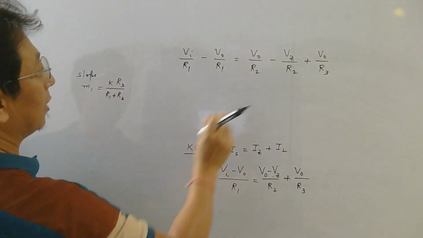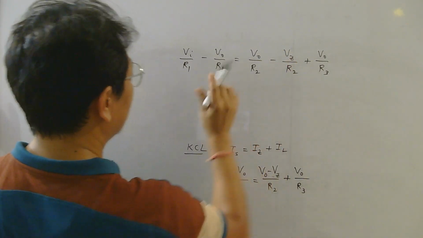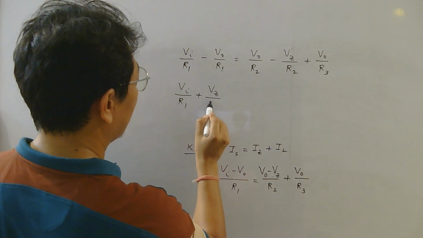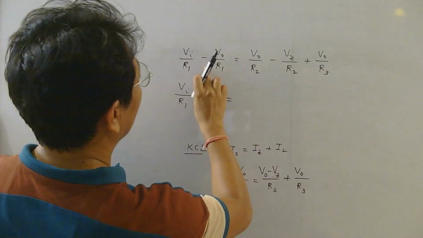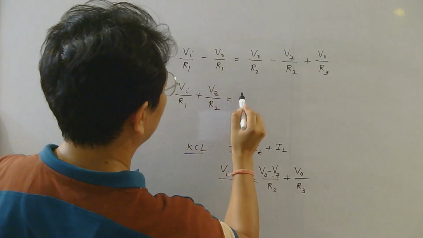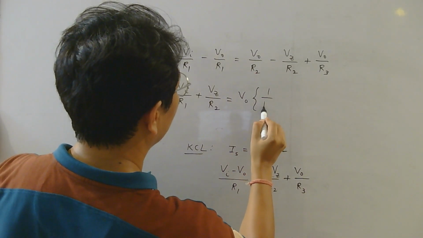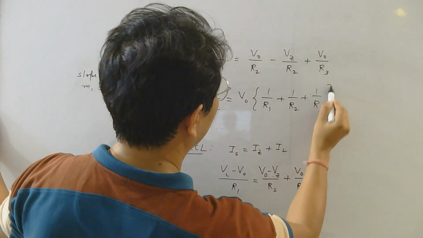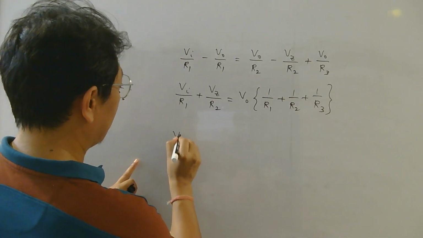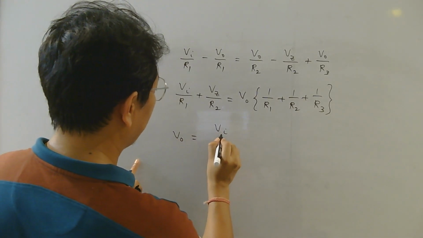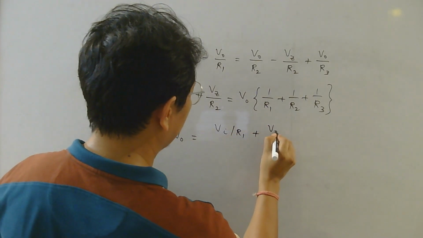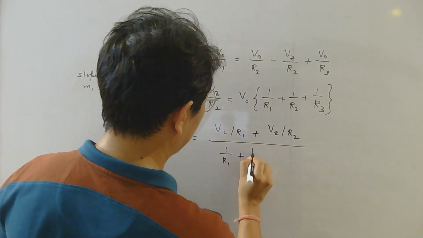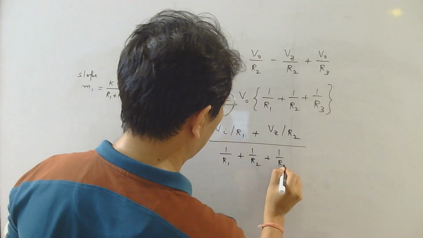Let me bring this Vz by R2 this side, so it will be Vi by R1 plus Vz by R2 equals, I will take this one, minus V0 by R1, this side, so V0 will be common: 1 by R1 plus 1 by R2 plus 1 by R3, isn't it? So your V0 will be equal to Vi by R1 plus Vz by R2 divided by 1 by R1 plus 1 by R2 plus 1 by R3.